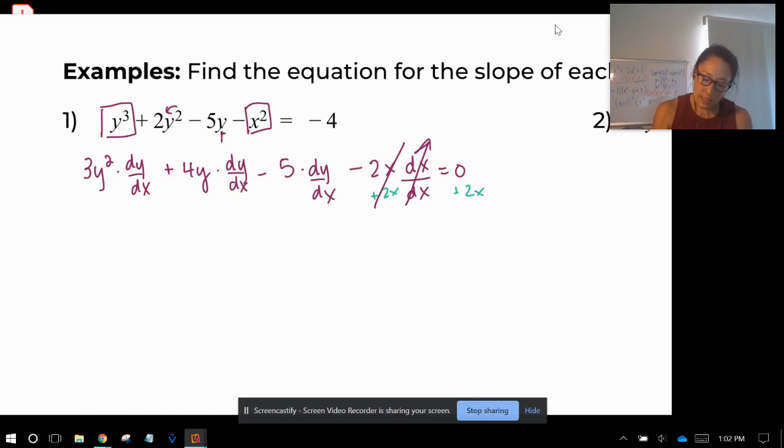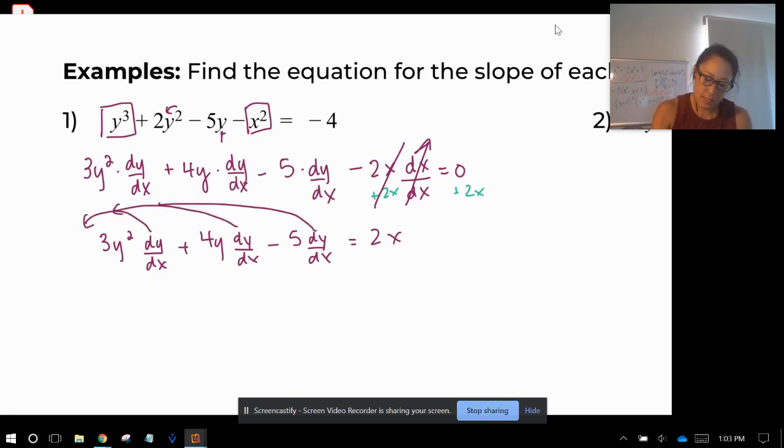And the next step, I guess I'll write it out: 3y squared dy/dx plus 4y dy/dx minus 5 times dy/dx is equal to 2x. Then I can factor out the dy/dx, and this is so we can isolate it.